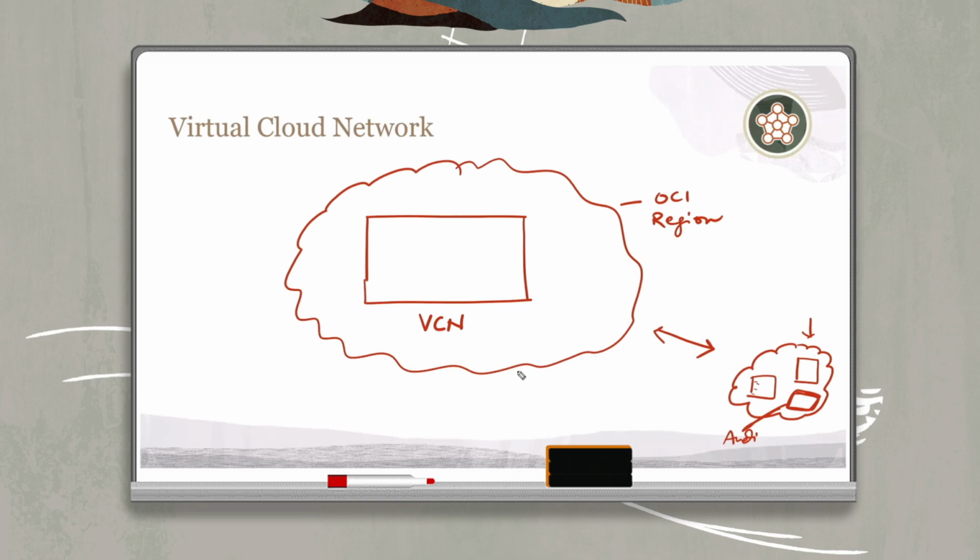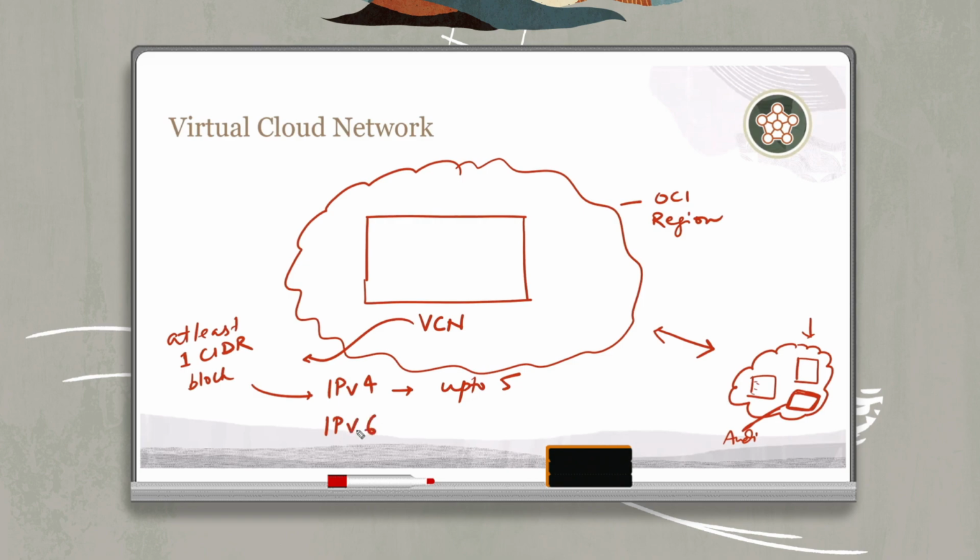What are the things that are associated with this VCN? Of course, when you create this VCN, you will need to associate at least one CIDR block. Now, when it comes to IPv4, you can have up to five CIDR blocks.